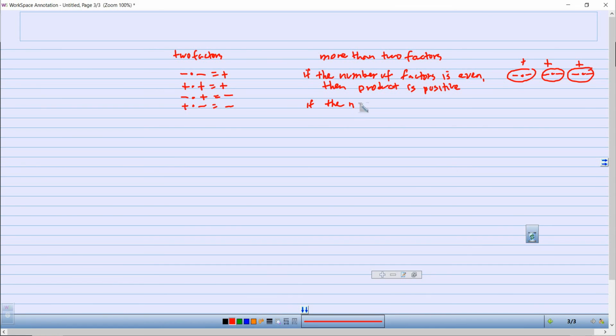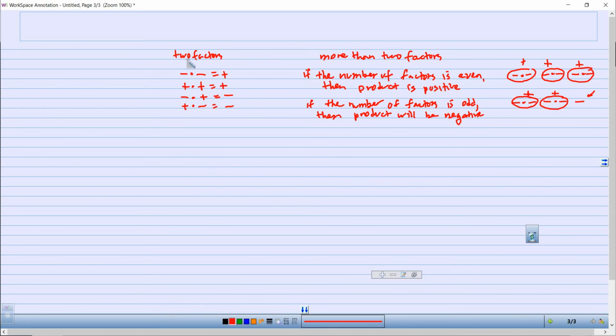Conversely, or inversely, if the number of factors is odd, then the product will be negative. Because if it is odd, this is what's going to happen. You're going to pair off the pairs, right? But if it's odd, you're always going to have one left over, and that's going to make it negative.